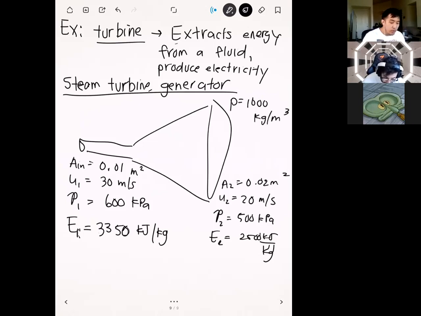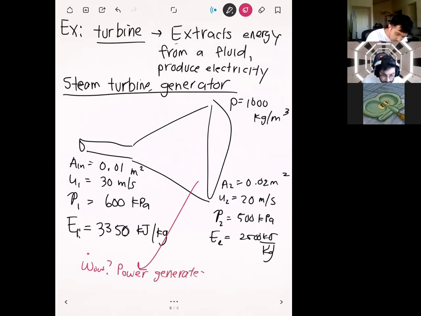What we want to solve for in this case is how much energy or how much power is being generated by this turbine. Again, we're going to apply our conservation of energy with Reynolds transport theorem in order to solve for this.